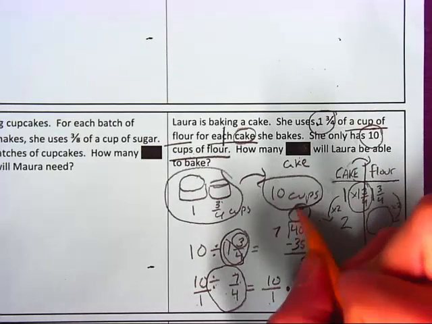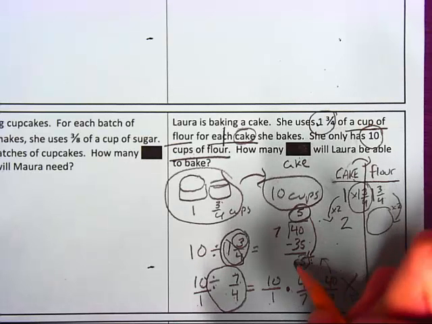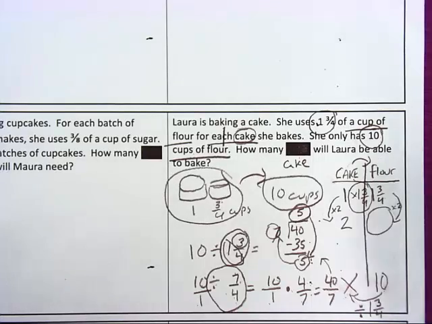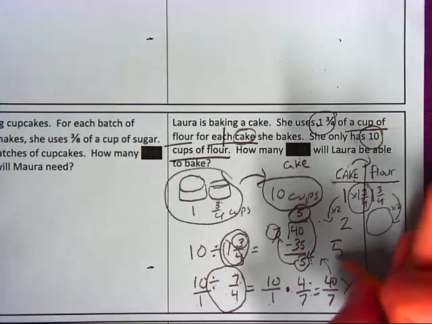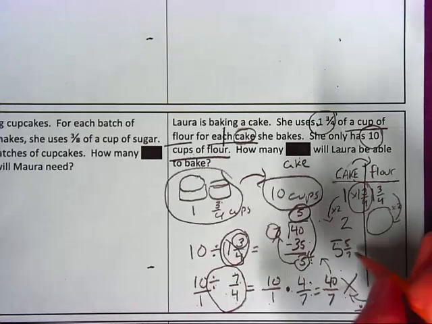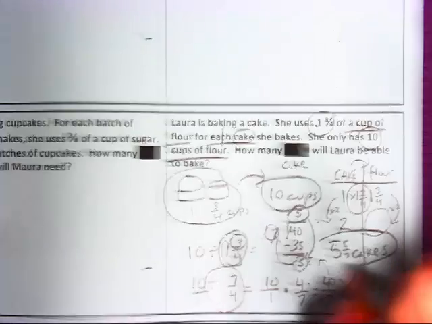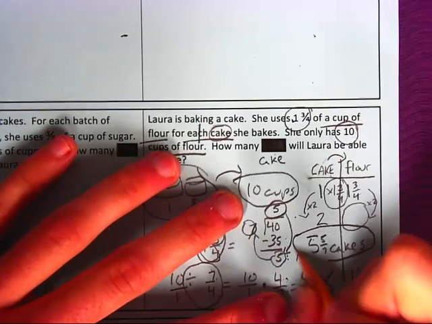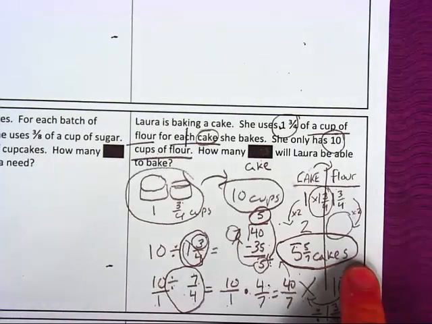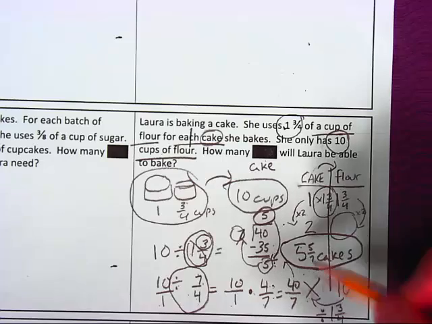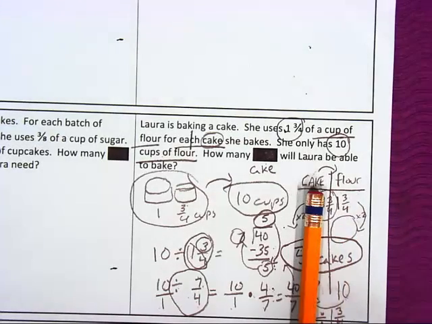So I could say 5 cakes with 5 pieces out of 7 left over. So here, oh boy, 5 5/7 cakes. Oh my gosh, I'm so embarrassed. I've totally run out of room. So 5 5/7 cakes is how many she could actually make. We wouldn't probably make part of a cake, so she would just make 5 cakes.